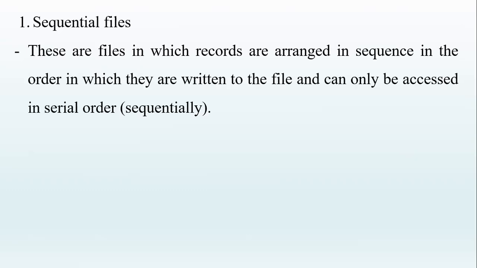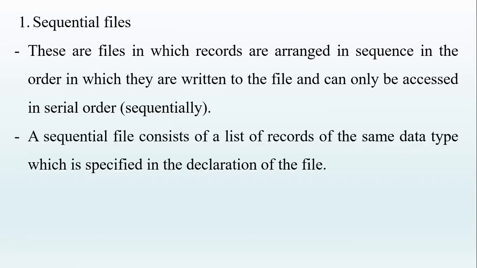The sequential files are those files in which records are arranged in sequence in the order in which they are written to the file and can only be accessed in serial order or sequentially.